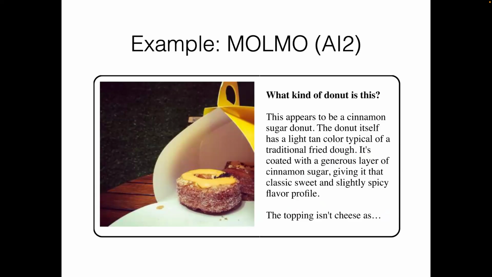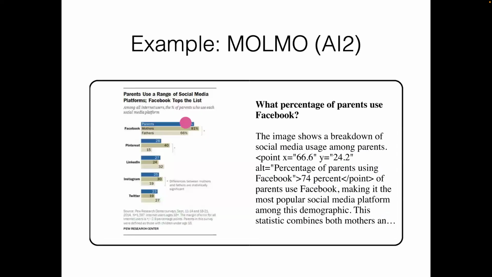And this is just question answering, I guess. What kind of donut is this? This is showing the pointing on some actual data like an article. And yeah, that's essentially it.